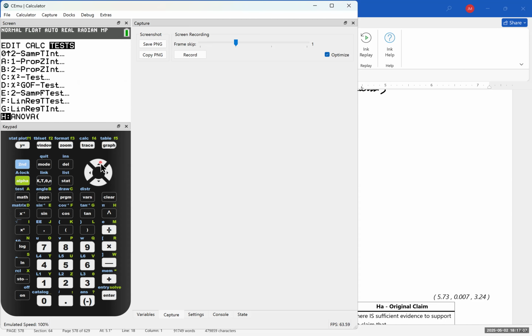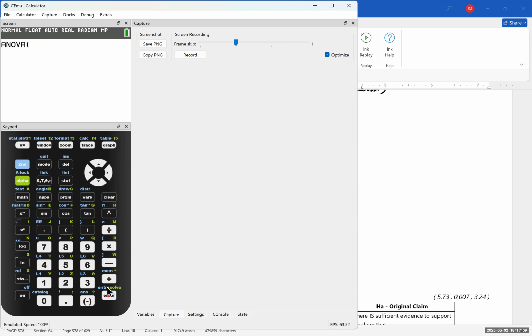I want to do ANOVA, enter. And I have four lists. So it's going to be list one, comma, list two, comma, list three, comma, list four. Oops, I didn't put a comma. You get so excited. All right, hit enter.